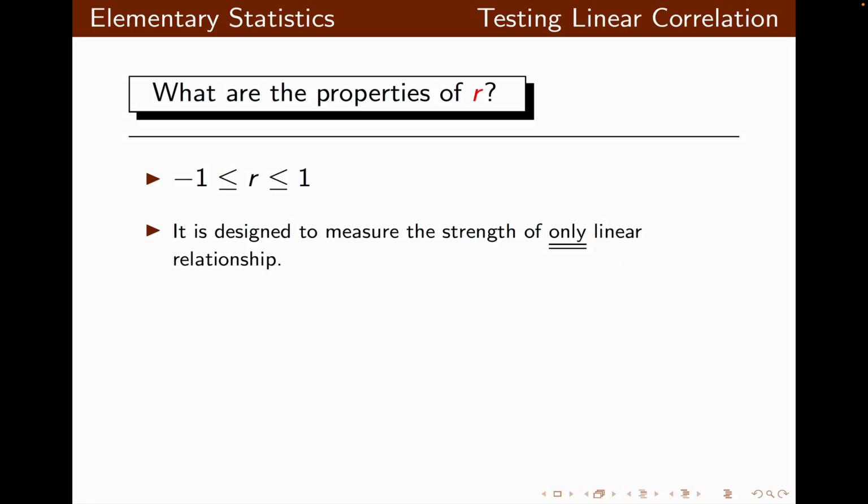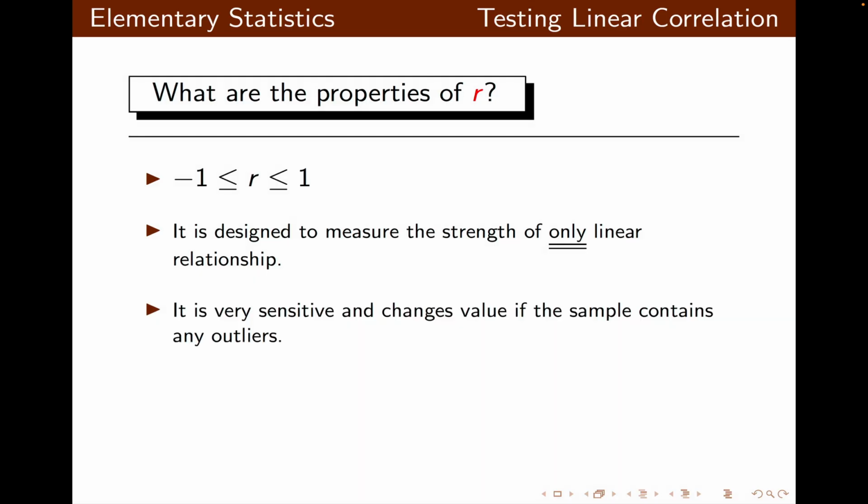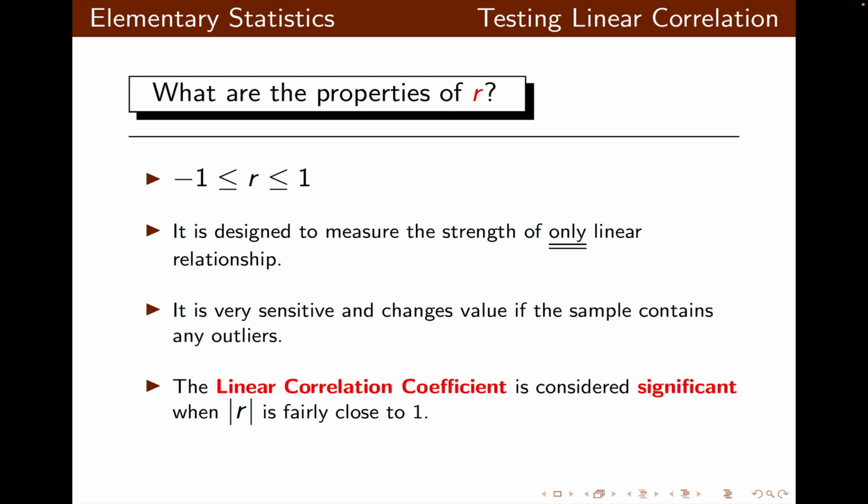It is designed to measure the strength of only linear relationship. r is sensitive and changes value if the sample contains any outliers. The linear correlation coefficient is considered significant when the absolute value of r is fairly close to 1.